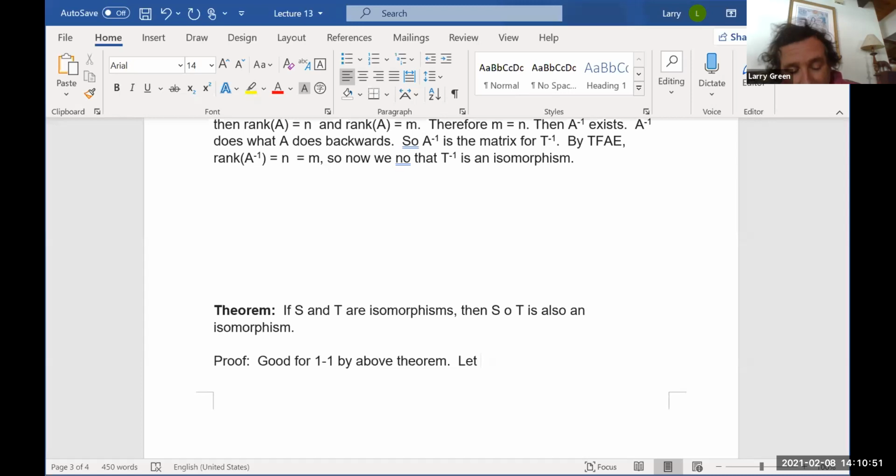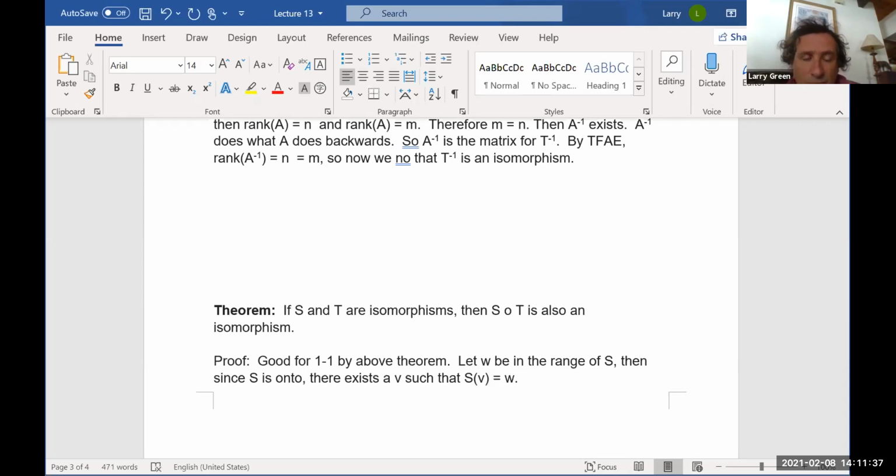So we need to get, let's see, U, V, and W. Okay, so let W be in the range of S. Then since S is onto, because it's an isomorphism, there exists, just write down the definition, a V such that S of V equals W. Is that clear? Isn't that what onto means? Any questions on that?